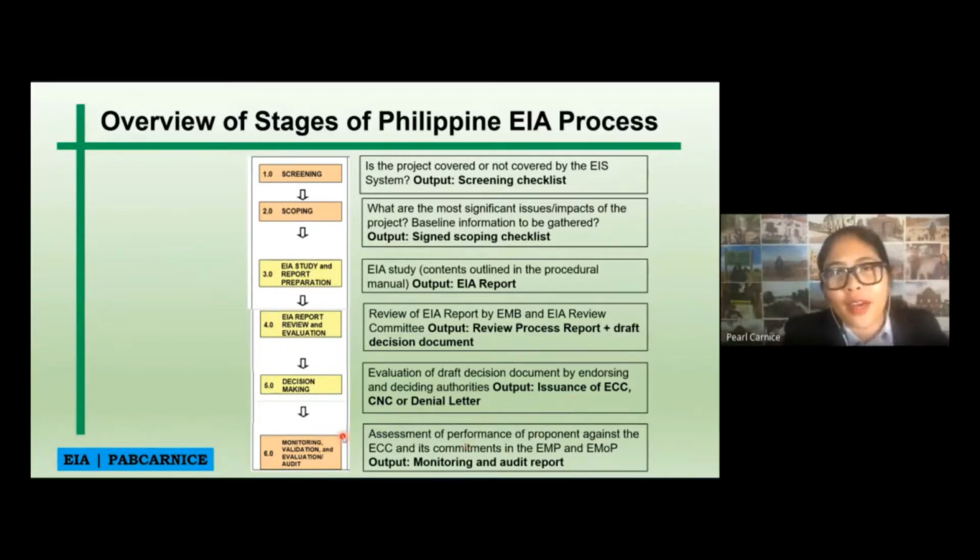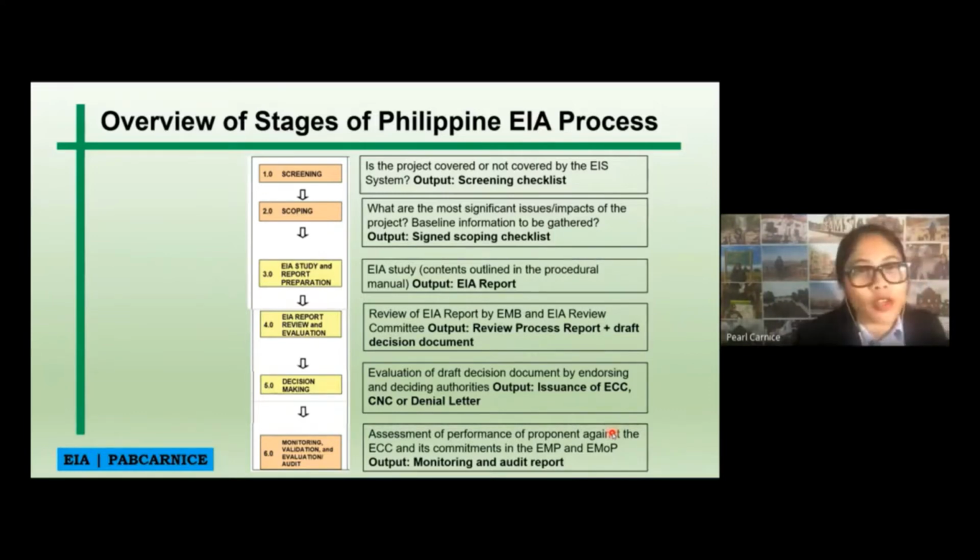Okay, and then after the decision making, of course, the monitoring, validation, and evaluation audit. This is the assessment of performance of the proponent against the ECC and its components in the EMP and MAOP, in which the output is the monitoring and audit report. After the EMB issues you an ECC, it doesn't end there. They have to do a monitoring and audit of the project.